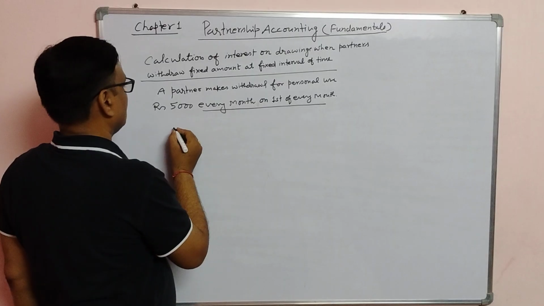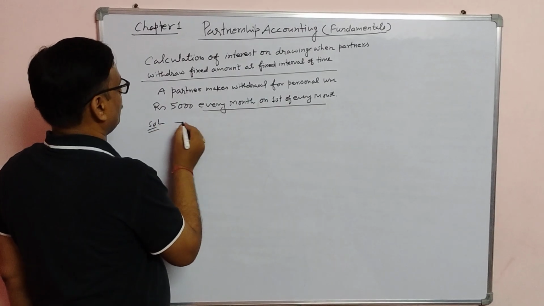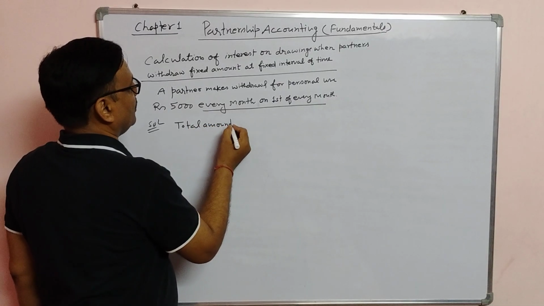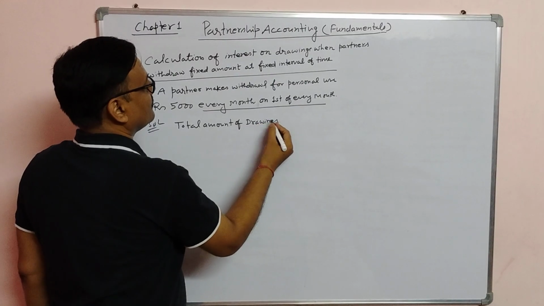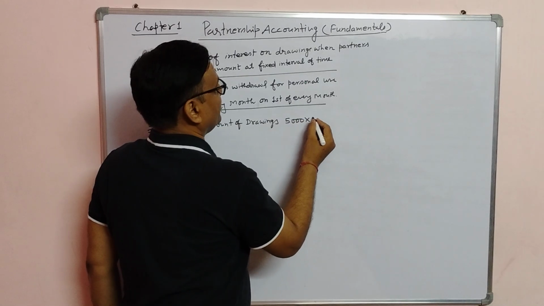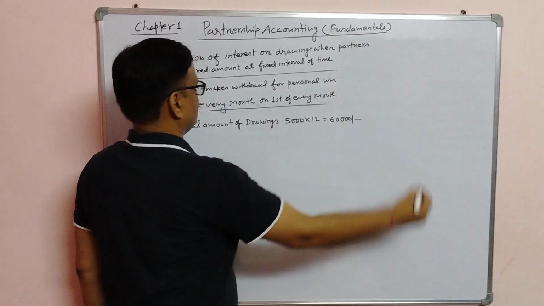Here what is the total amount of drawing? Total amount of drawings 5,000 per month, so 5,000 into 12 it is equal to 60,000 rupees.